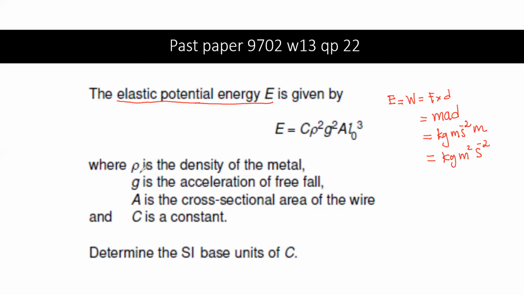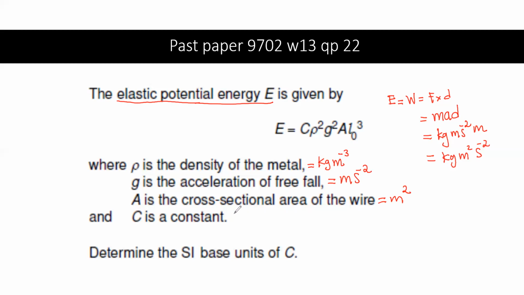The unit for the density is kilogram meter to the power of minus 3. The unit for the acceleration due to gravity is meter second minus 2. The unit for the cross-sectional area is meter square, and then C is a constant.